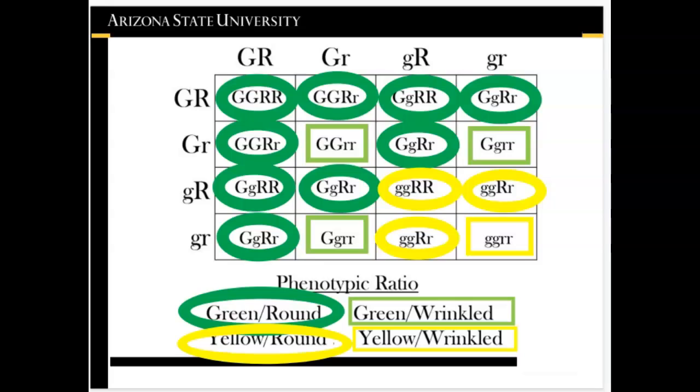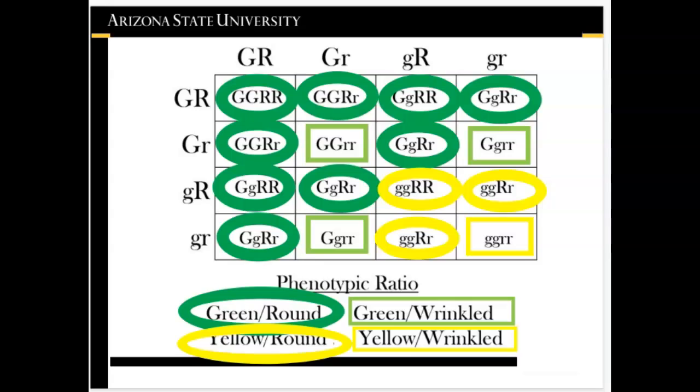In this case, there is only one big G, big G, big R, big R. There are 2 big G, big G, big R, little r, 2 big G, little g, big R, big R, 4 big G, little g, big R, little r, 1 big G, big G, little r, little r, 2 big G, little g, little r, little r, 2 little g, little g, big R, big R, 1 little g, little g, big R, little r, and 1 little g, little g, little r, little r.